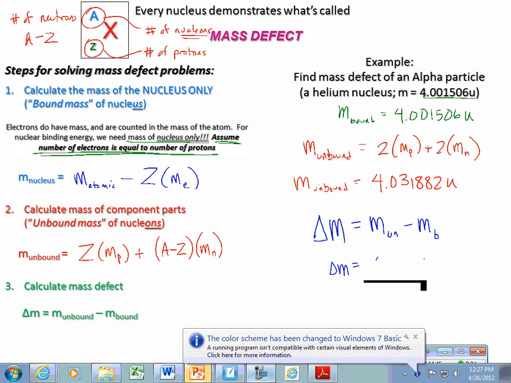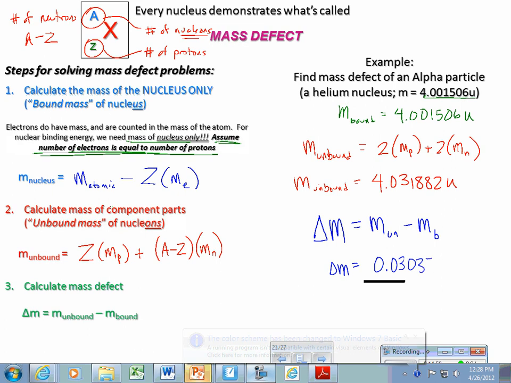Well, 0.0376. Oh, 0.0306. There we go. There's our mass defect.